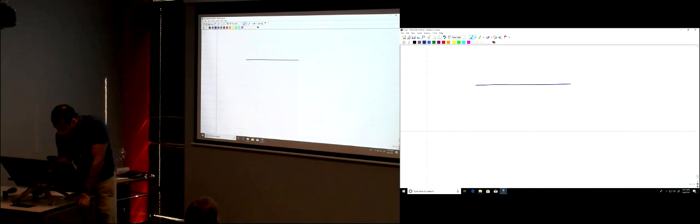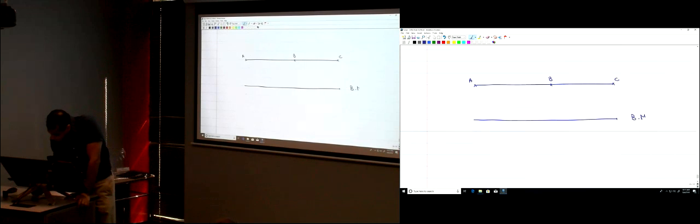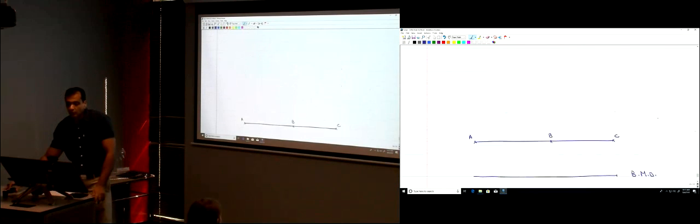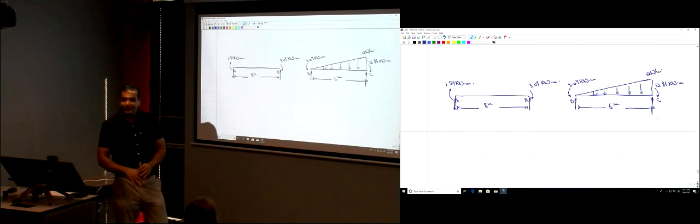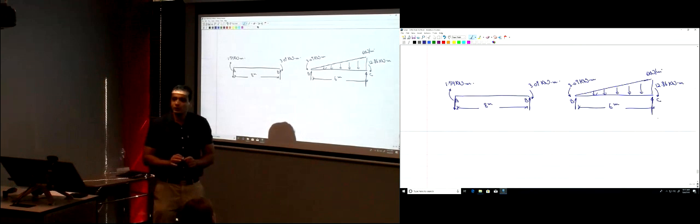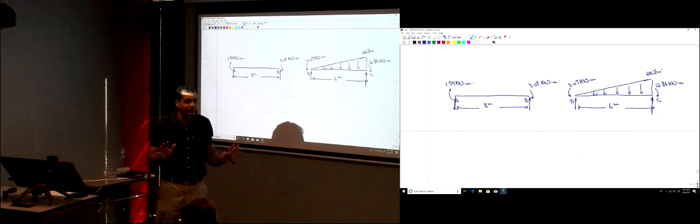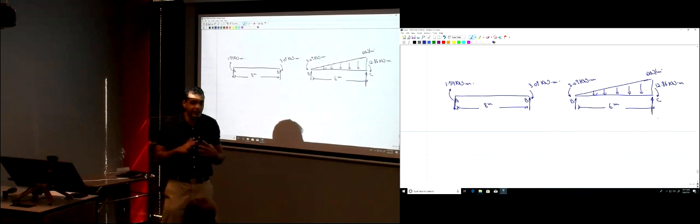So this is the beam here, A, B, C. To draw the bending moment diagram, now that's the tricky part. I want you to forget everything about the slope deflection method. I don't need it anymore. I already know the moments at the points. I used the slope deflection method to find what I need to know. Now I'm just going to revert my mind to what we learned in structural analysis 1: how to draw the bending moment diagram.